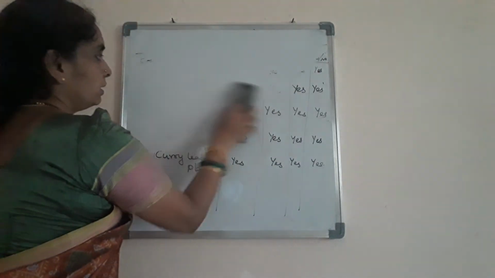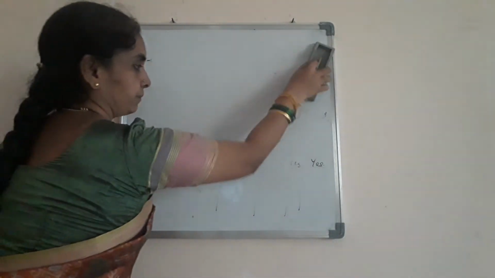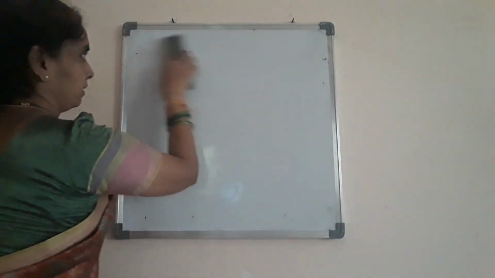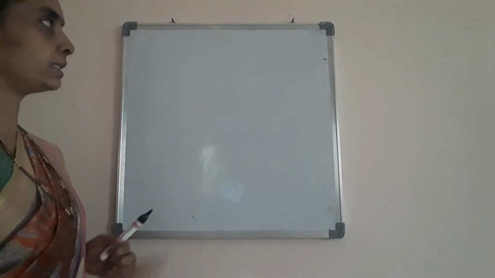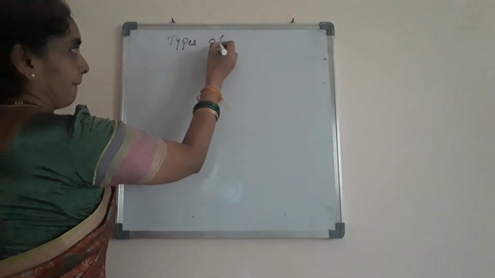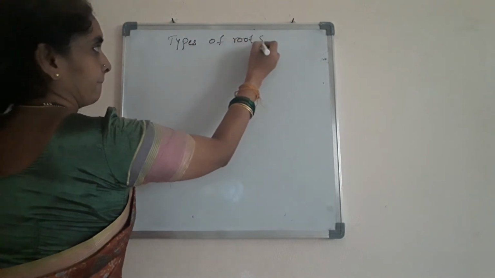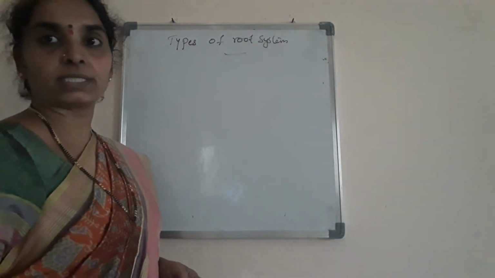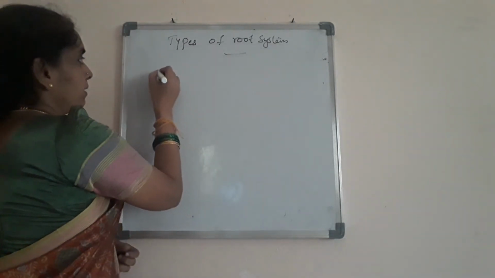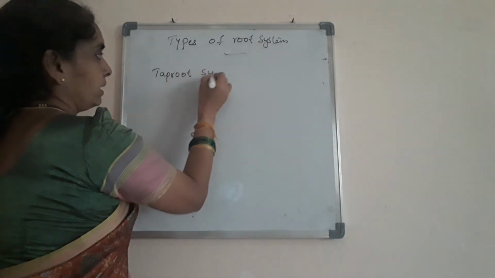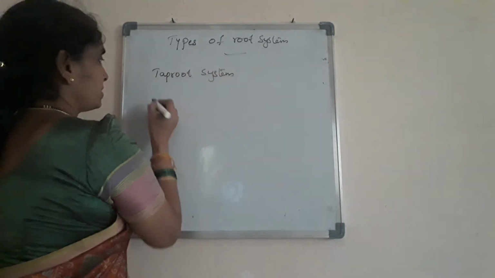Types of root system. See, children, there are two types of root system. One is taproot system and the other one is fibrous root system.